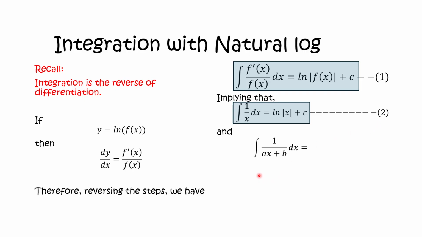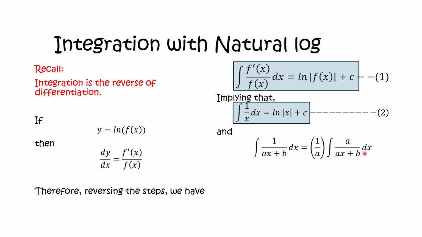And for the last one, we have the integration of 1 over ax plus b dx. Now with this, we are going to have 1 over a times the integration of a over ax plus b. Why? Because the a's will cancel out.